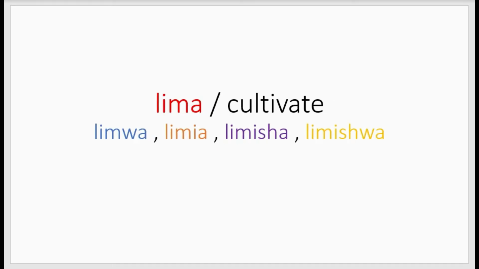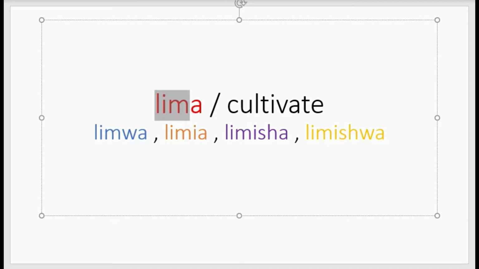Take a look at this example. Lima, the word lima is a verb. Lima, which means cultivate. And then from the verb lima, you can get several other verbs which mean the same but are different in terms of the context and the tense.